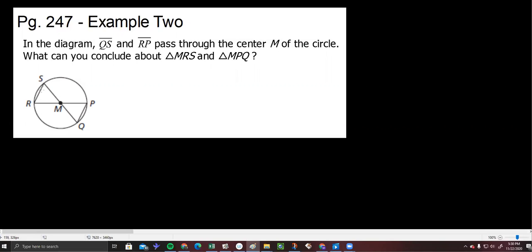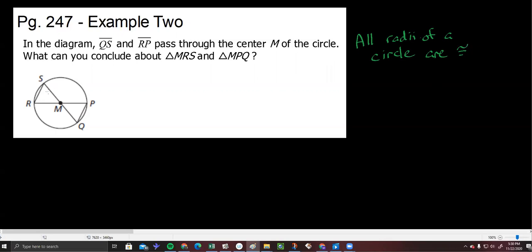And one thing that's neat about a circle is that the distance from the center to a point on the circle is always the same. So in other words, all radii of a circle are congruent. And radii is the plural form of radius. All radii of a circle are congruent.